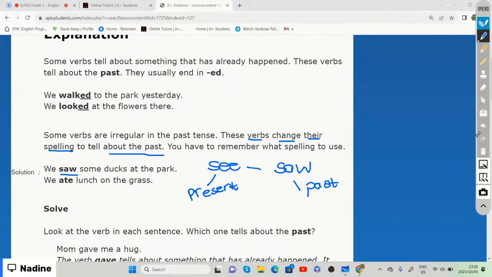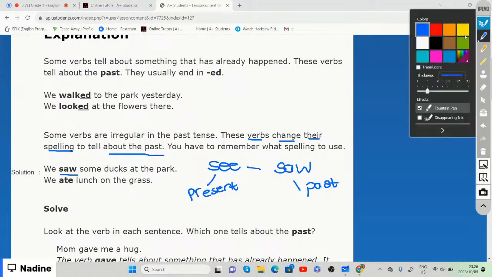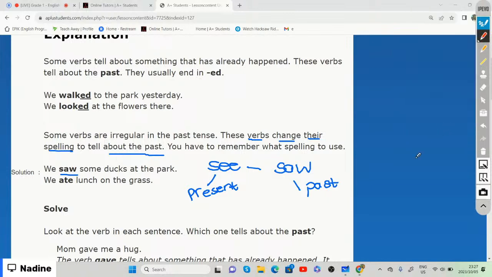And then we have another one, which is we ate lunch on the grass. Ate. The present tense of ate is eat, something that you're doing now. I eat lunch on the grass. But the past tense form, something that you did already, is ate.